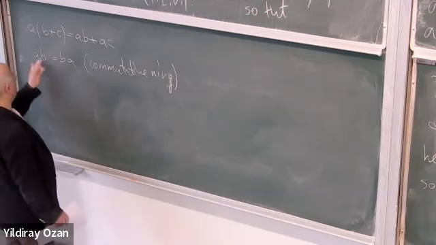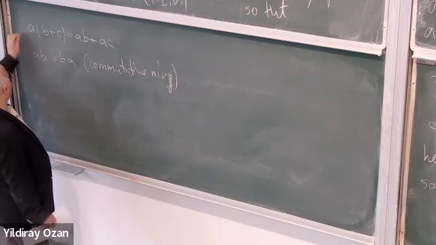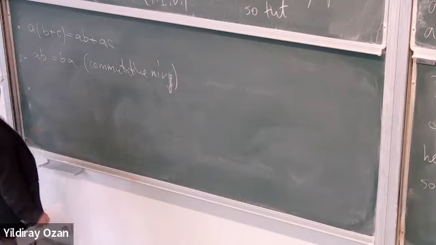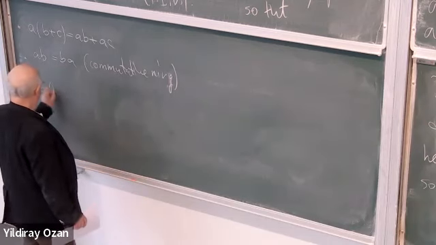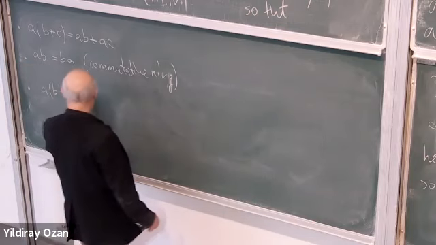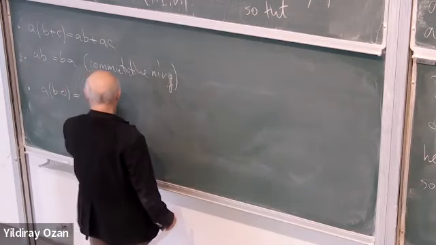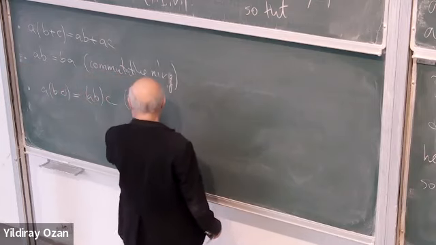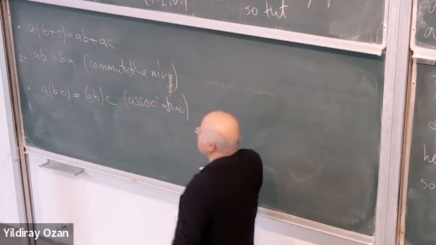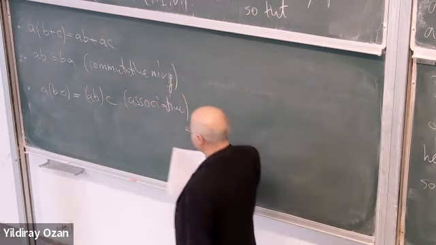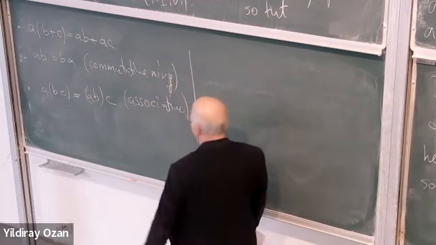Of course, the product operation is associative in the following sense: a times b times c is just a times (b times c). It's associative. And so what are the examples of such objects?